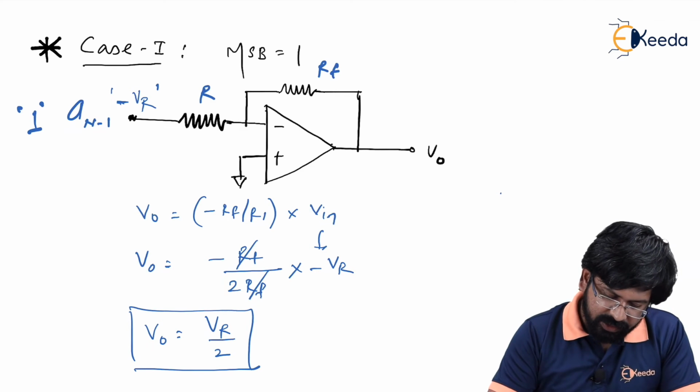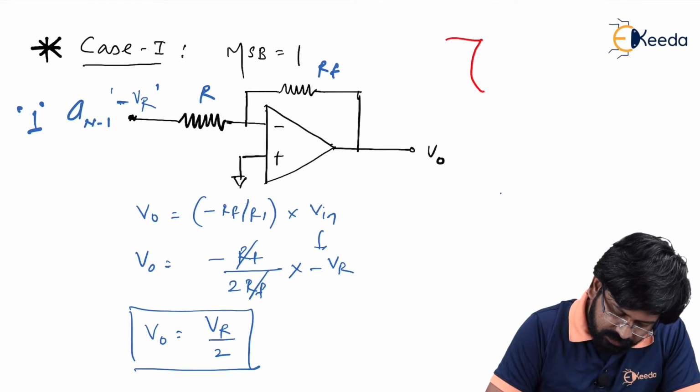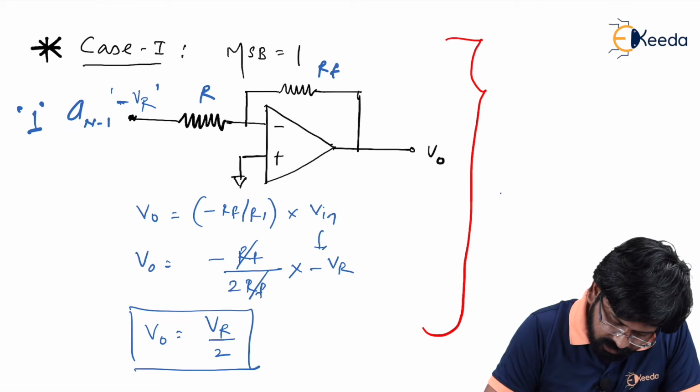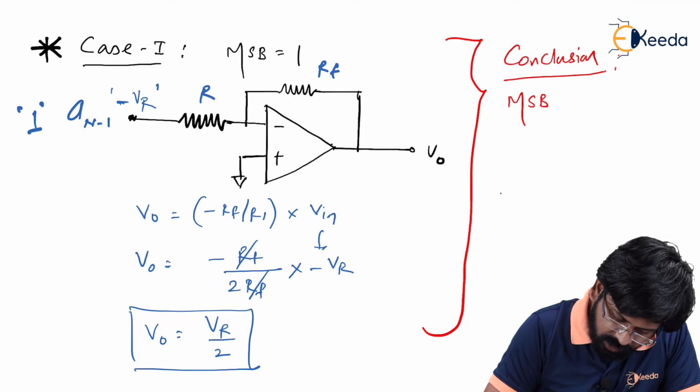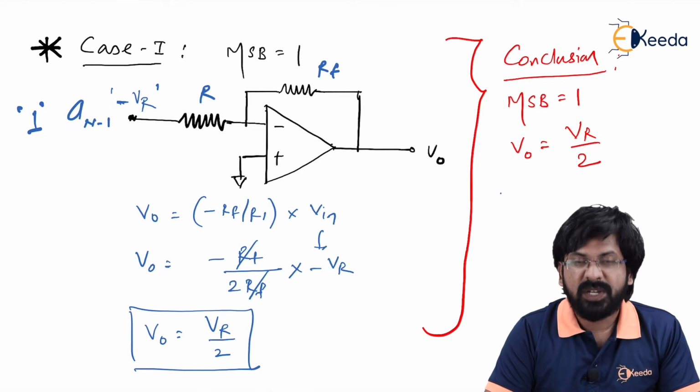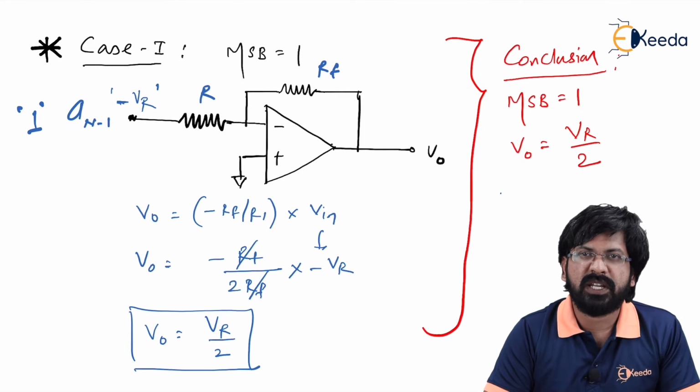Now you can remember one thing. On a conclusion note, you can remember this. Whenever MSB equal to 1, output voltage is always reference voltage divided by 2. See, MSB equal to 1, it means all rest of the bits are equal to 0. Only MSB equal to 1.